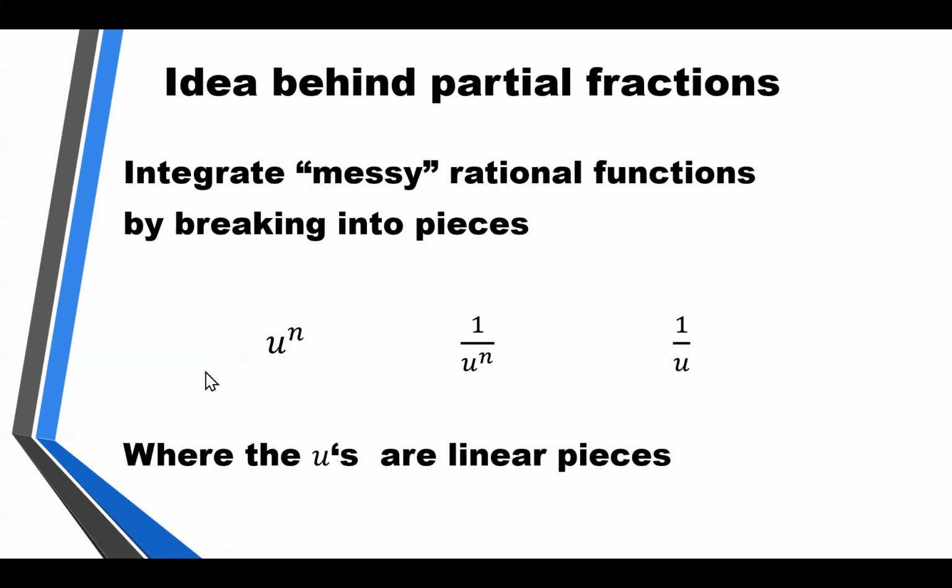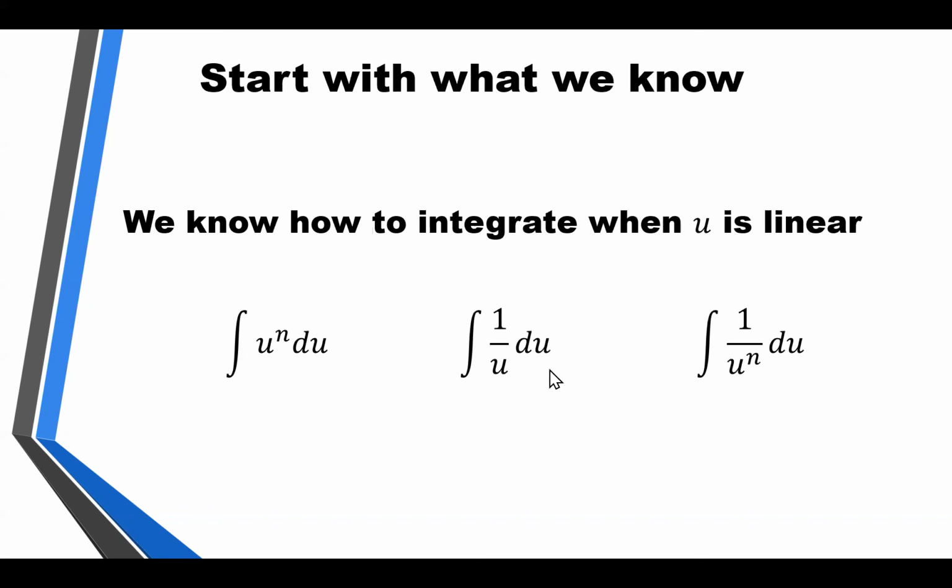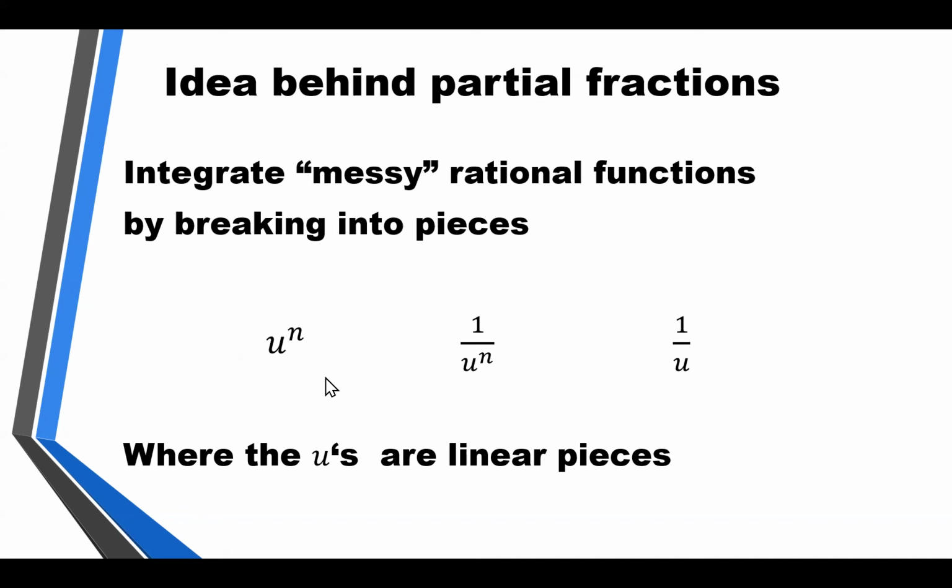And those nicer looking rational pieces are going to look like u to the n, or 1 over u to the n, or 1 over u, where those u's are linear. Because then I know how to integrate these. So if I can sum up a bunch of nice things where these u's are linear, then we're good to go.